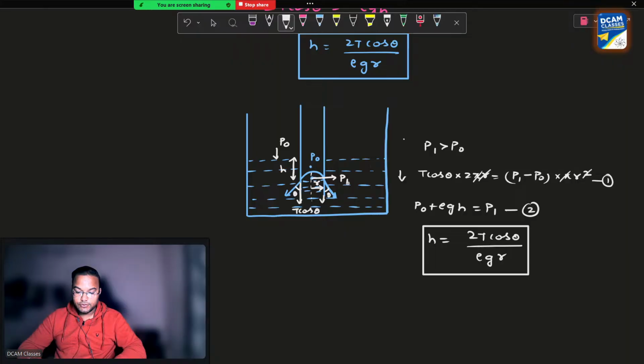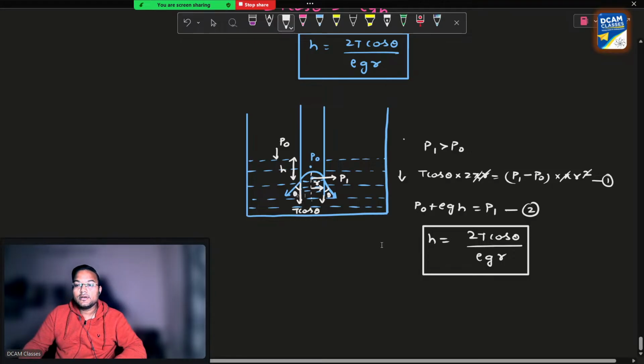Now let me give you some questions. Achha, can you solve this question? It's not based on this capillary rise and fall, but this is a different one. You understood the concept, no?